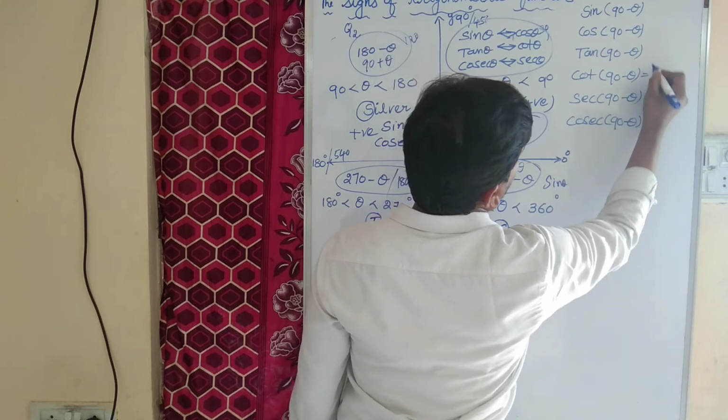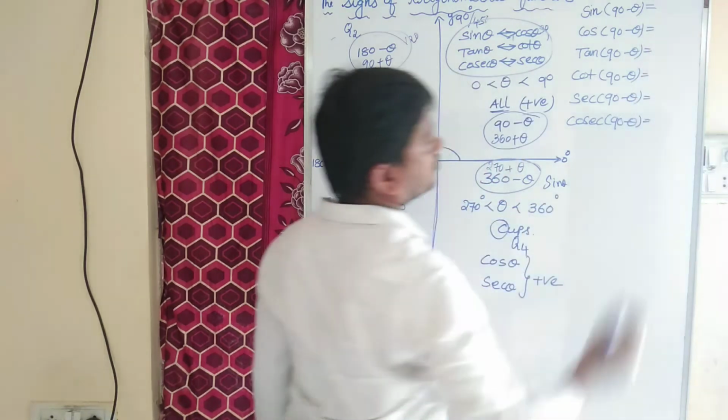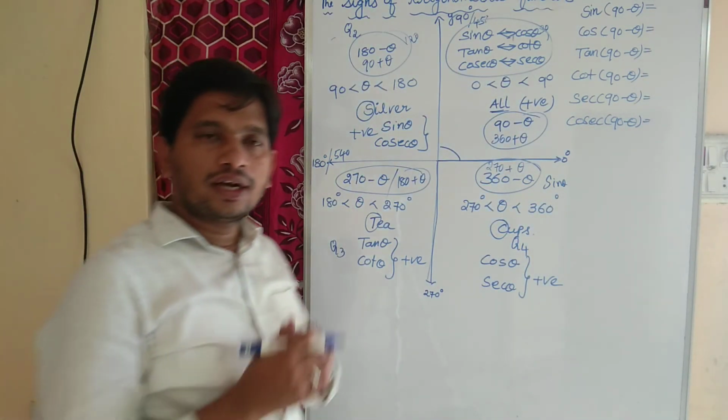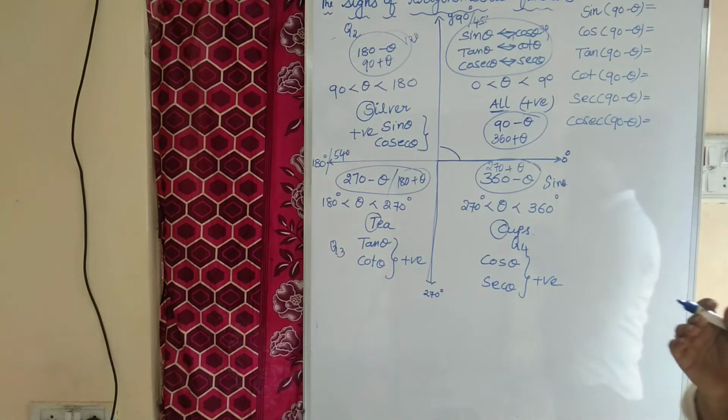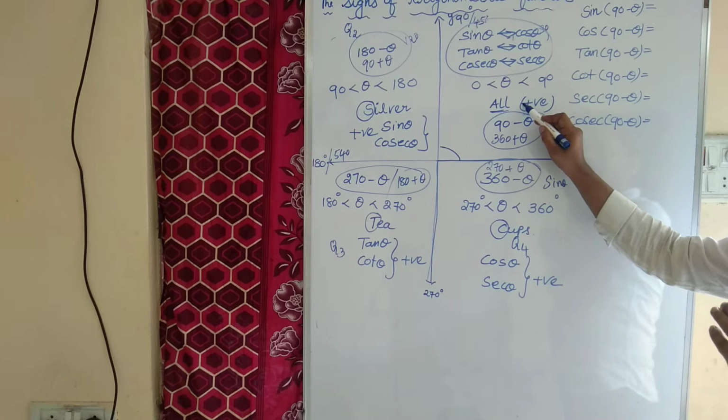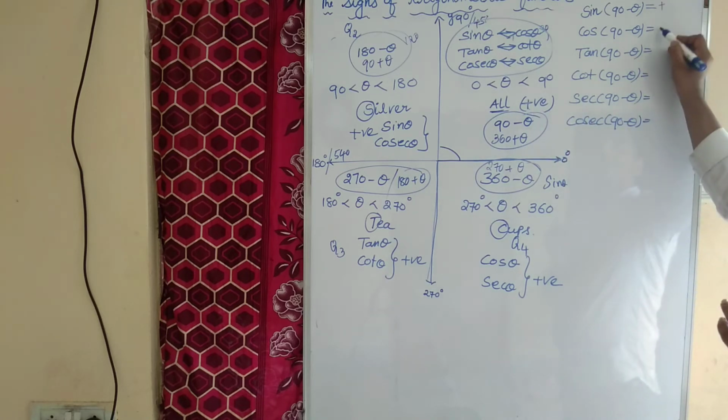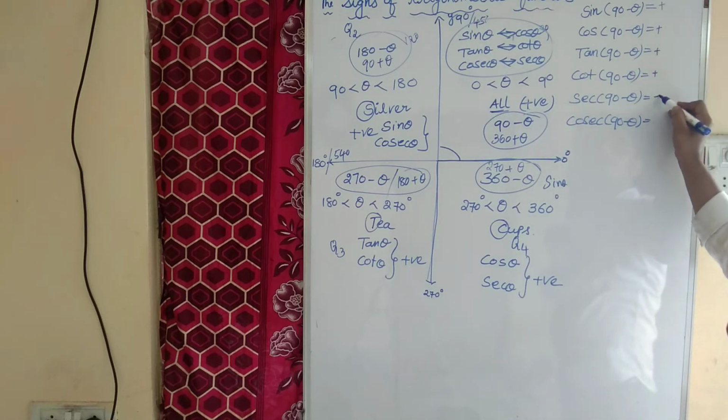Let us see all these values. Children, we know that 90 minus theta is in the first coordinate. We know that in the first coordinate all trigonometric ratios are positive. So let me write all trigonometric ratios are positive.